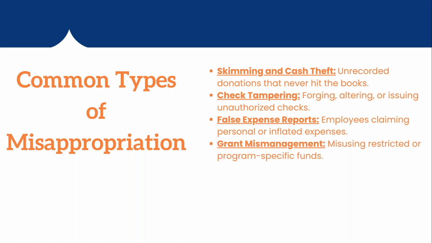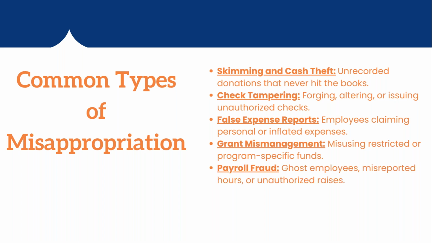Grant misappropriation, misusing restricted or program-specific funds. And then it can get into payroll fraud, from ghost employees, which are made-up employees, especially volunteers, who, you know, can be easily issued a 1099. Misreported hours, where you report that you worked more hours than you actually did, or unauthorized raises.